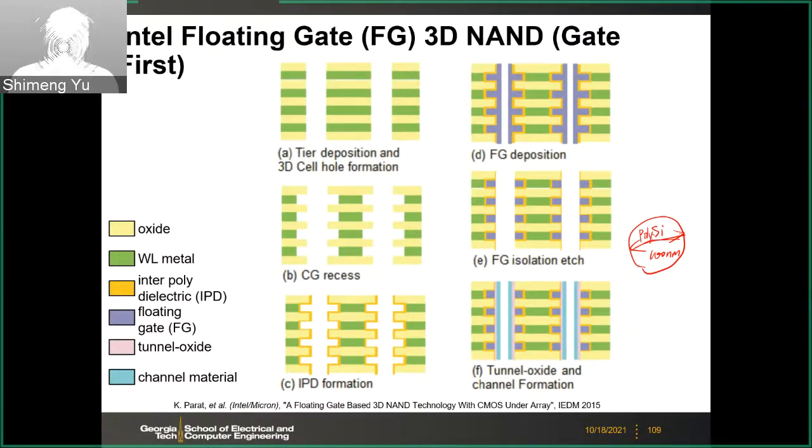And you need the polysilicon to be fully depleted. Therefore, you have to make this center part silicon dioxide and make the silicon channel very thin. So your control gate can fully control the thin channel. If the channel is very thick, it's like a bulk transistor, then your gate cannot control the center of the channel, which is not good. You want a fully depleted channel. That's why you have the core shell structure.